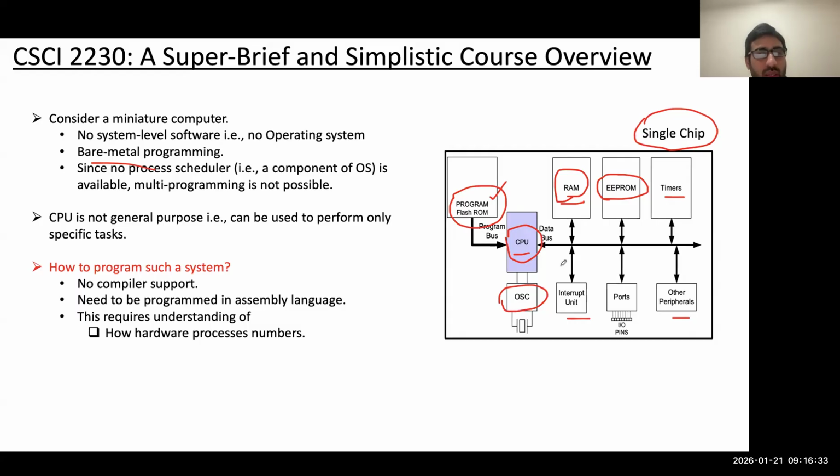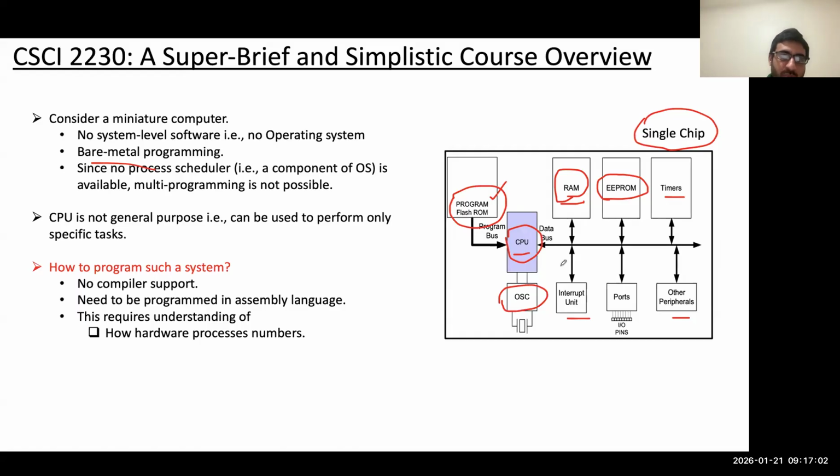You will be using some data structures, you will be using some algorithms, right? So if this kind of platform has no support for an operating system, no support for a compiler, and we can write programs only in assembly language, then in order to write assembly language programs for this kind of platform, you need to first understand its internal architecture and internal details.